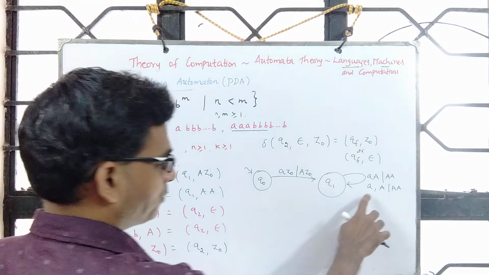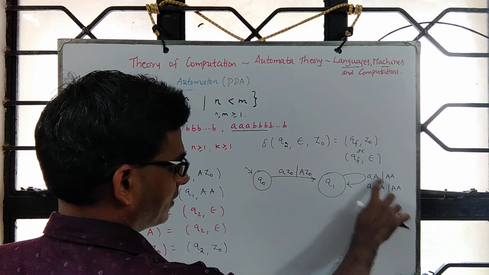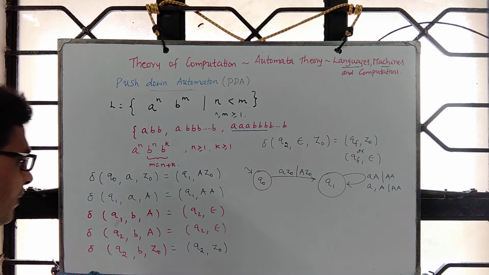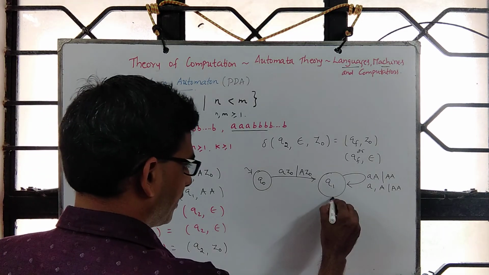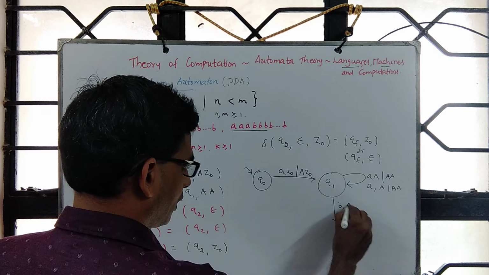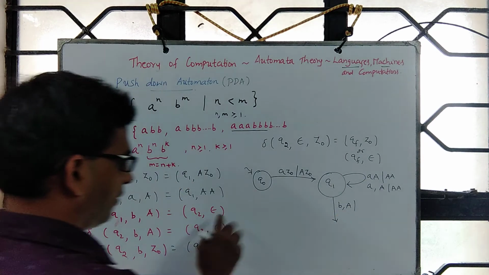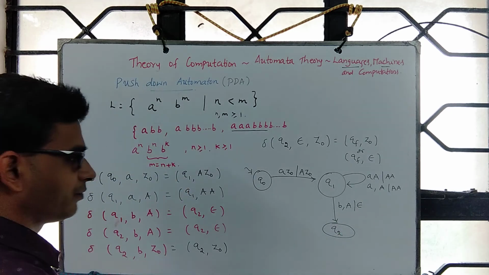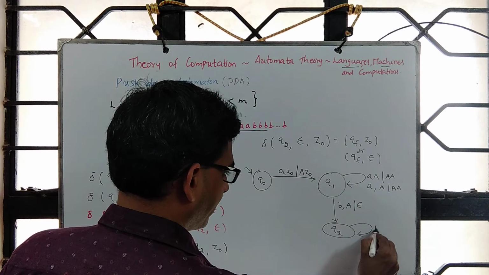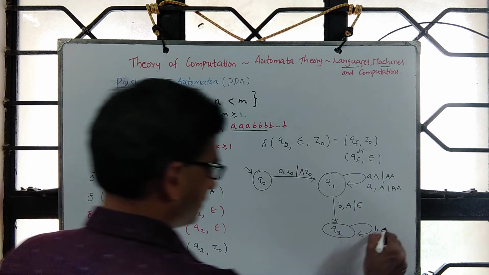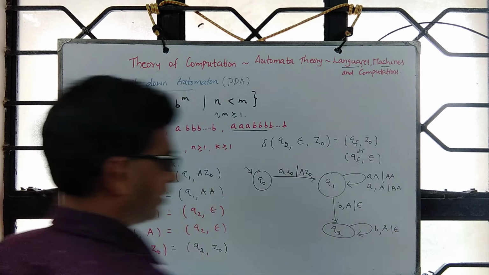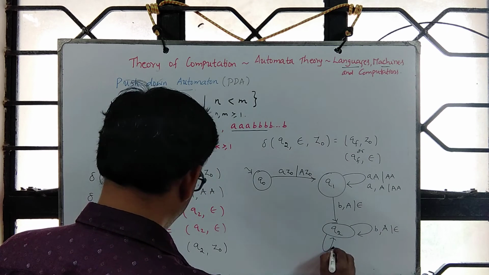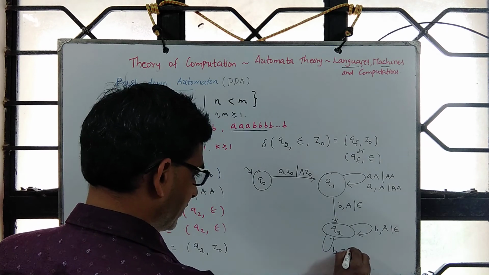Okay. So because we use small letters for sigma and capital letters for gamma, even if you don't put a comma, it is understood. Then at Q1 we read a B, top symbol is A, and we say you pop and then go to Q2. At Q2 input is B, top symbol is A, and then this. At Q2 you get to see B, top symbol is Z0.